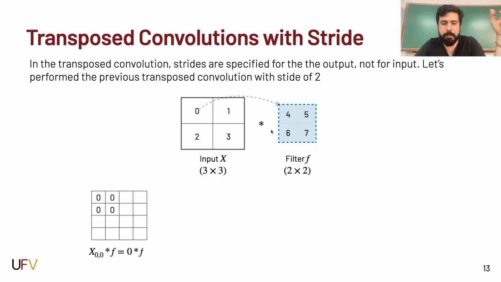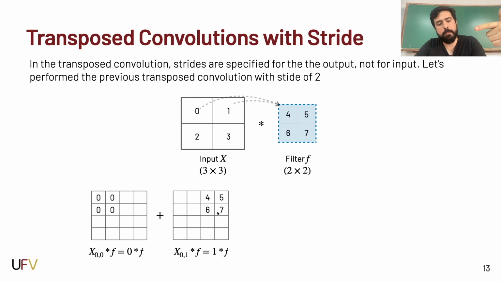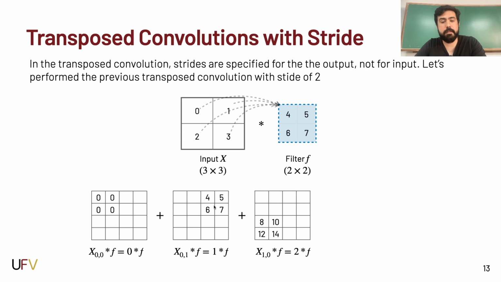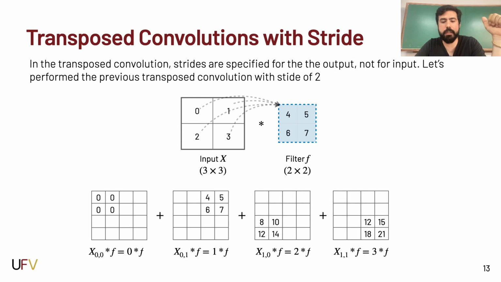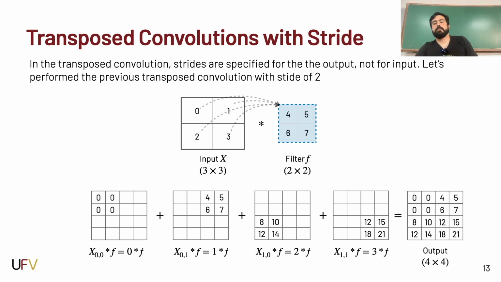The idea is the same. I'm going to multiply this 0 by the filter, so I get zeros here. But when I move to the next one, I'm going to skip 2. And now I have this 4, 5, 6, 7 over here. So that's just a strided transposed convolution. And it's interesting here that we got no overlaps at all.